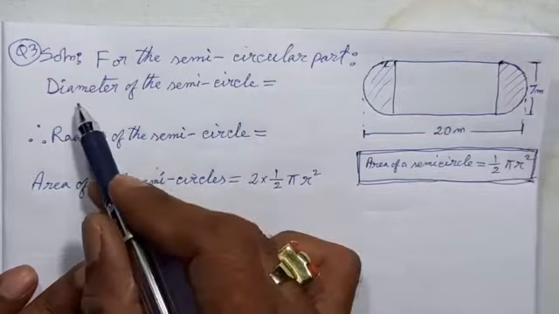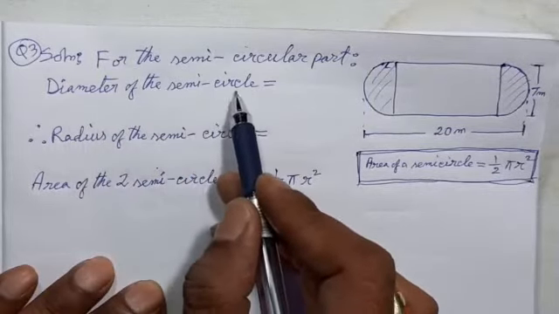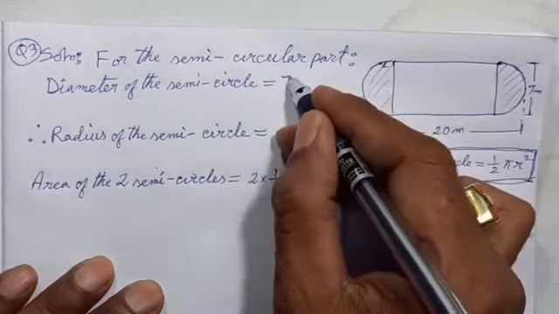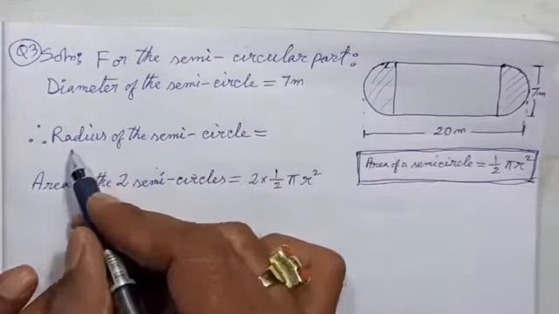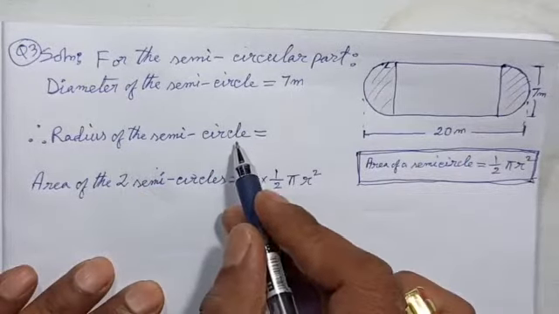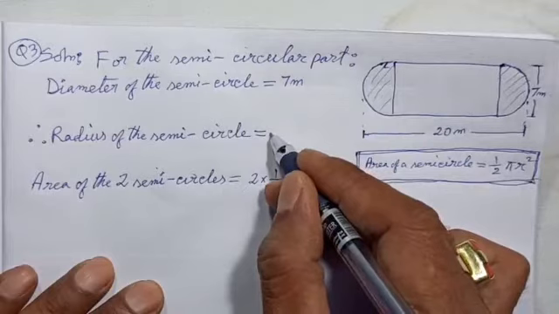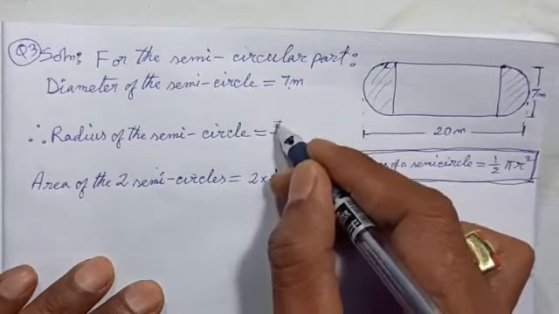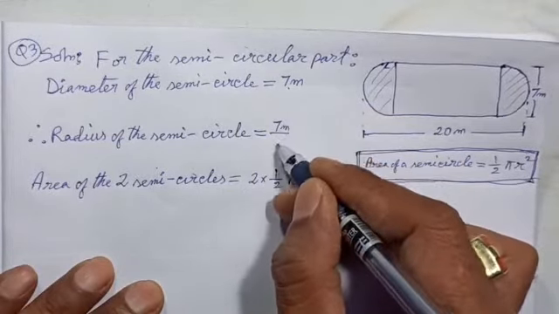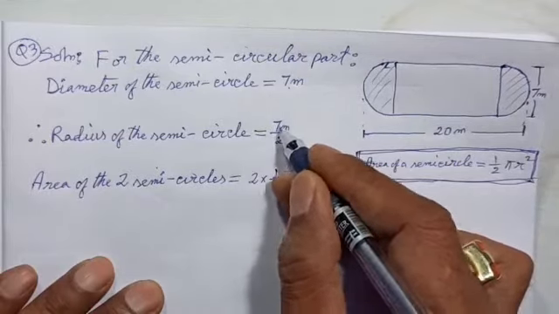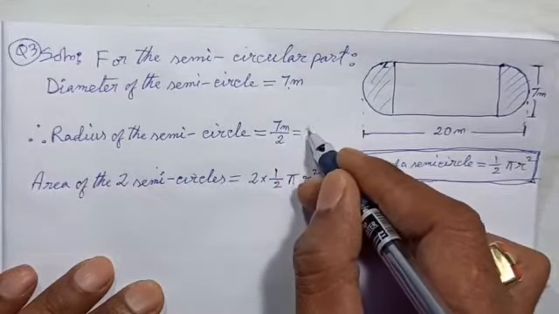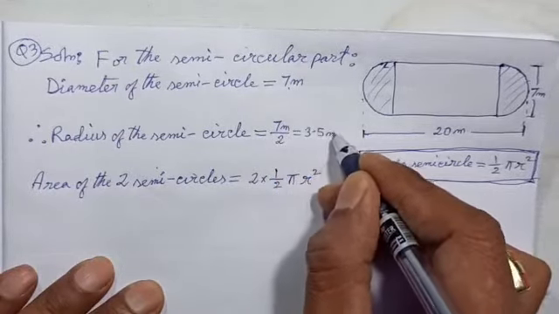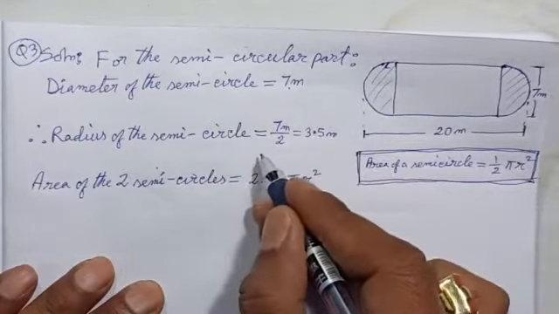So diameter of the semicircle is 7 meter. Therefore, radius of the semicircle, radius is half of diameter. So the diameter will be divided by 2. If 7 is divided by 2, we'll get 3.5 meter. And this is the radius of the semicircle.